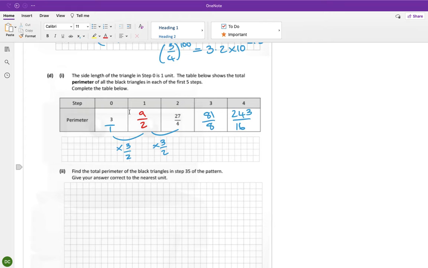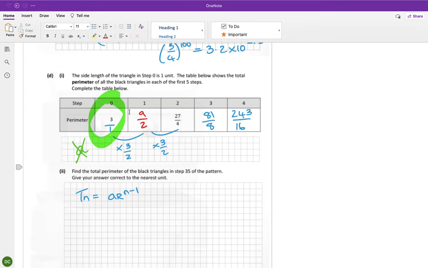Okay, so what's the sequence? I'm going to have to use Tn is a r to the n minus 1. But just be careful that I can't use step 0 as my a.